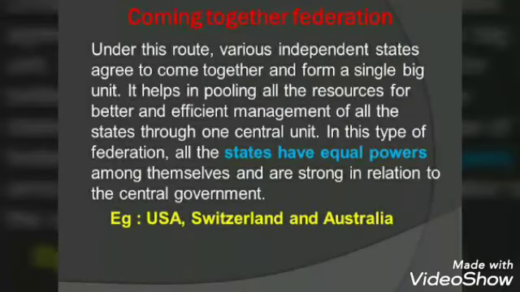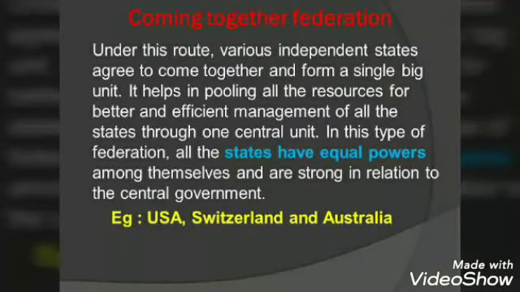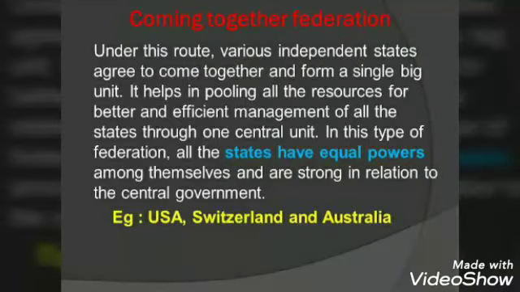So children, under this form of federation, there are independent states. The independent states come together on their own to form a bigger unit. That means the independent and powerful states join together on their own to form a bigger unit, so that by pooling sovereignty and retaining identity, they can increase their security.